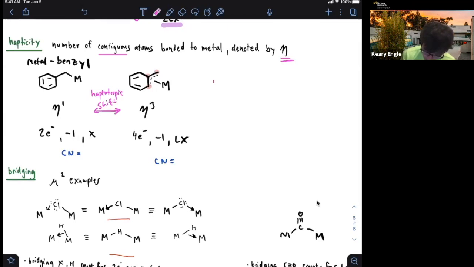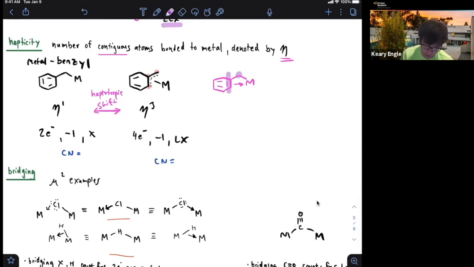In the eta 3 form, let's think of it the same way that we used to think about the Cp, where you have essentially an alkene type interaction and an alkyl type interaction.